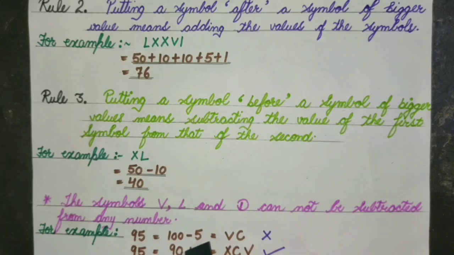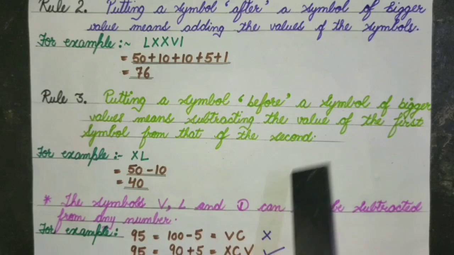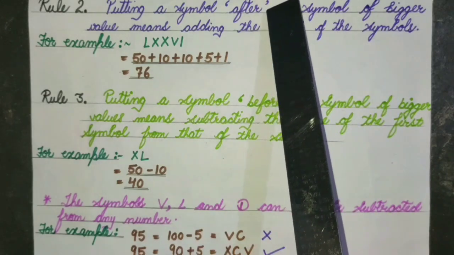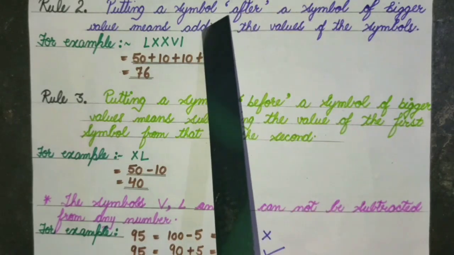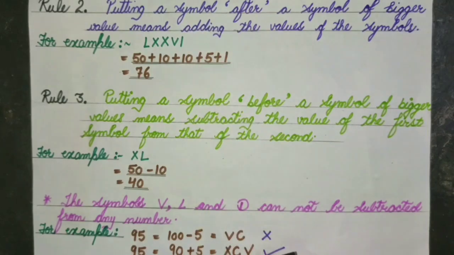How to represent 10? By X. And I am using X before 100 to subtract it from C. So XC means 90 and V means 5. V I am using after C, and when we use a symbol after, it means we have to add. So 5 will be added to 90 and the answer will be 95.